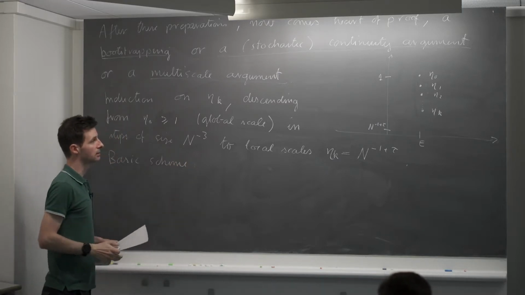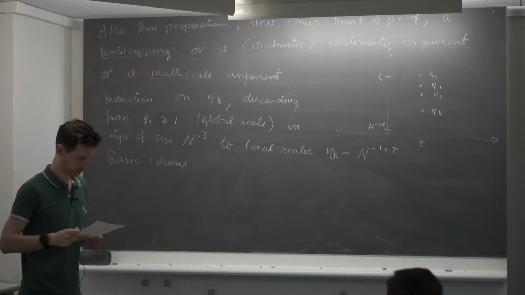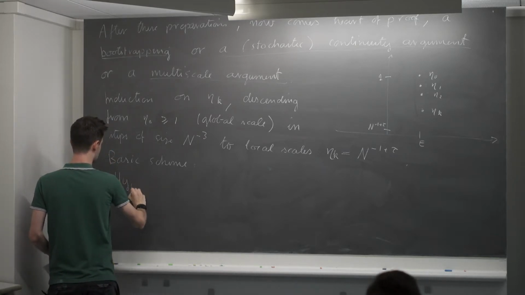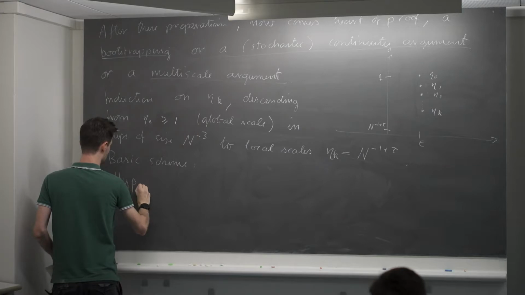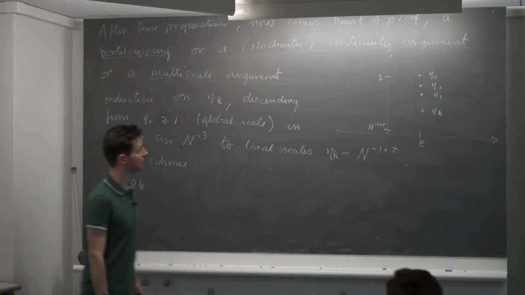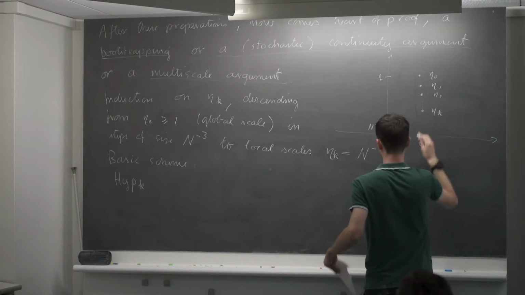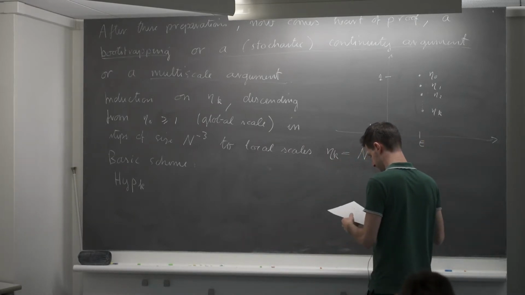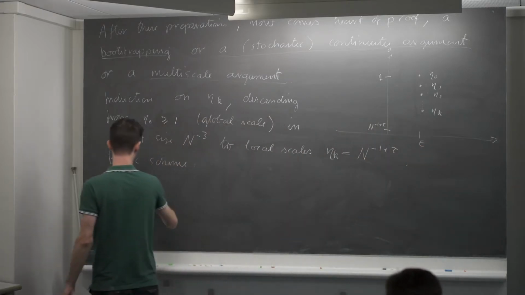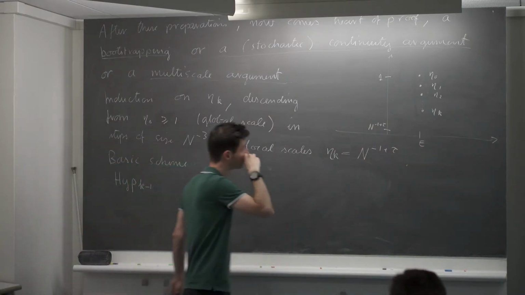Let me explain the skeleton of the argument. So the point is, you have a hypothesis, which I call hypothesis at k. So you are working, let's say you are working here. Maybe let me call it k minus 1, because that's what I do in the proof.